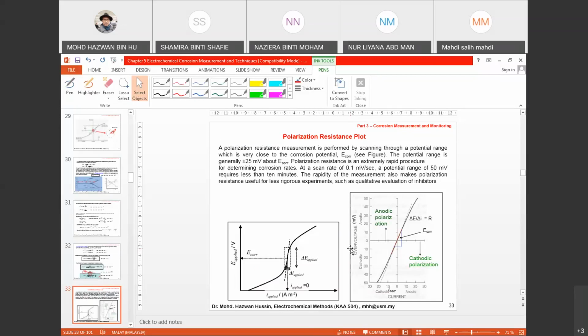Normally for potentiodynamic polarization, if you choose 0.1, 0.5 or 1 millivolt per second, it takes around 7 to 10 minutes. But with linear polarization it will take less than 5 minutes, maybe 2 minutes, to complete the measurement.